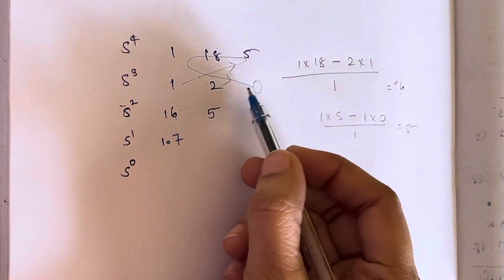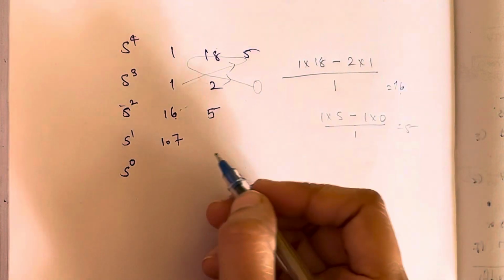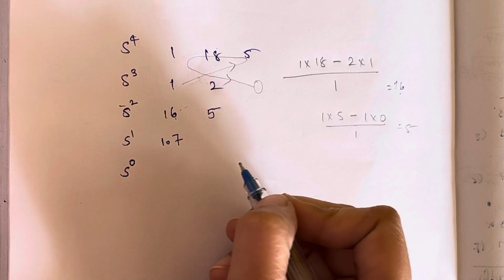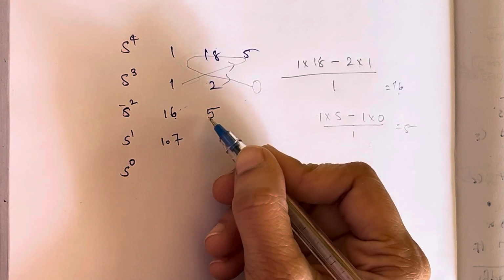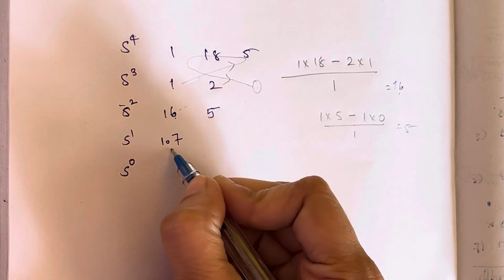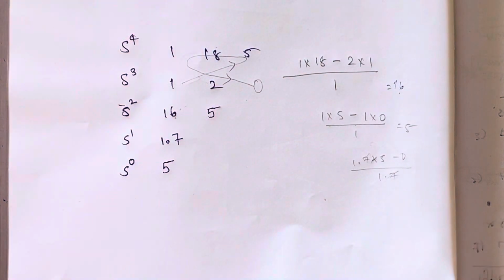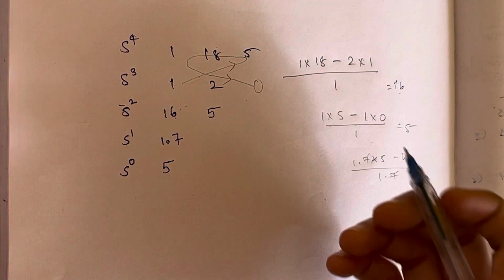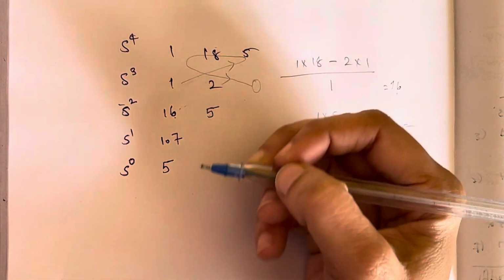When you calculate (16 × 0 − 1 × 0) / 16, you get 0, so you need not write it. Now calculate (1.7 × 5 − 16 × 0) / 1.7. You'll get 5. So these are the coefficients.